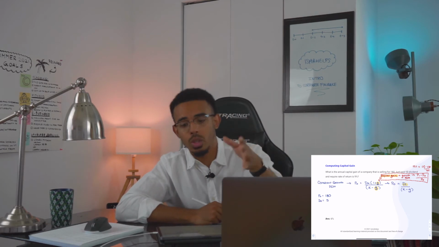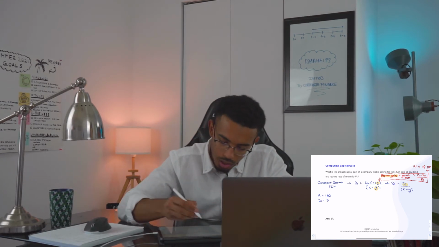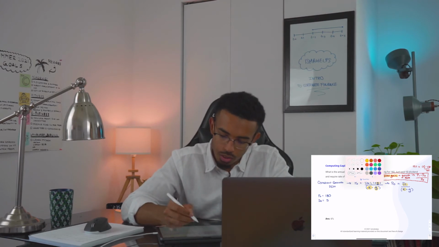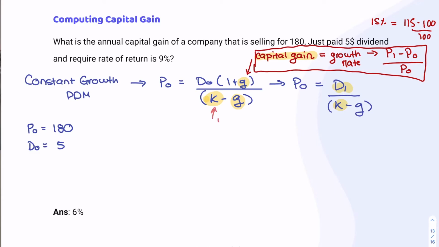And then we're also telling you that your required rate of return, your K, is what we call our required rate of return. So we would make our K equal to 9%.